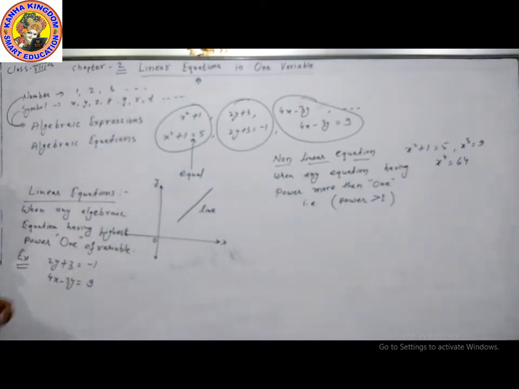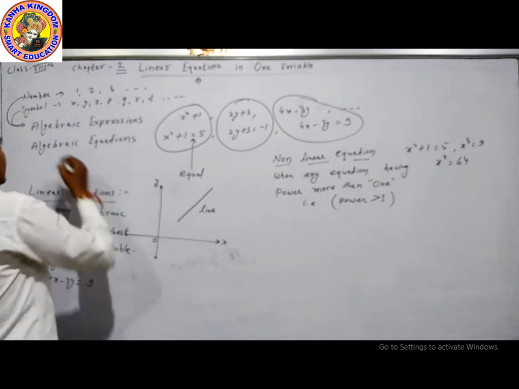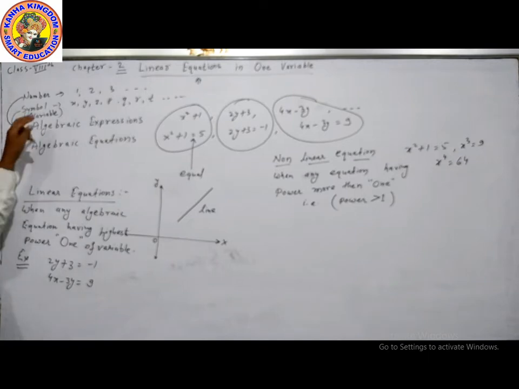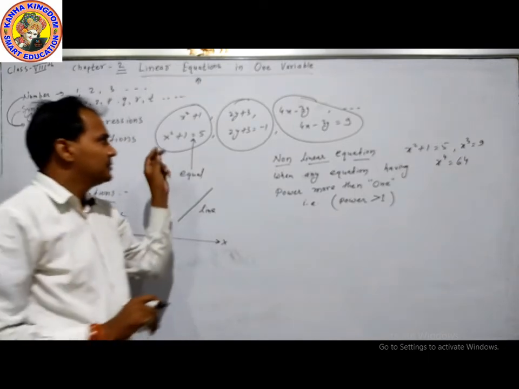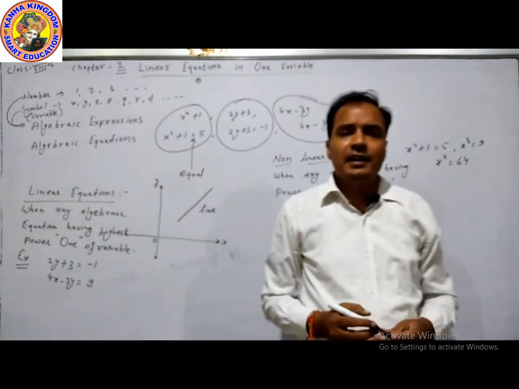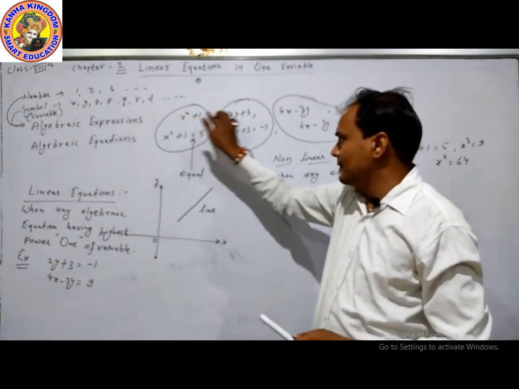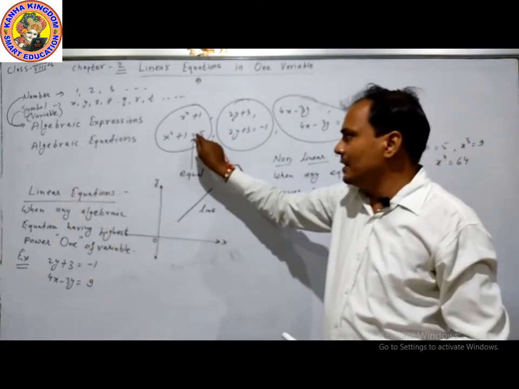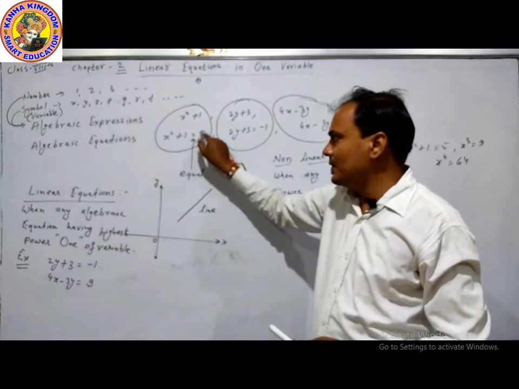So at the start we saw the numbers 1, 2, 3, 4. Symbols are x, y, z, p, q, r, s, t. A symbol is also called a variable. In an algebraic equation we have variables and numbers, and we use the equal sign.